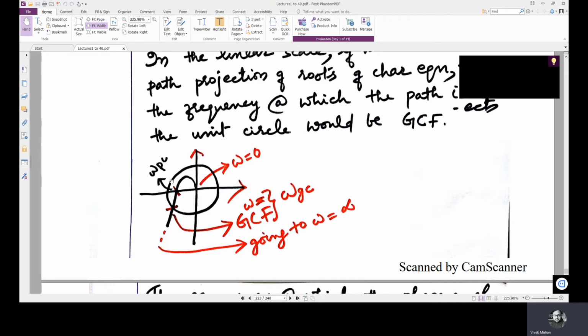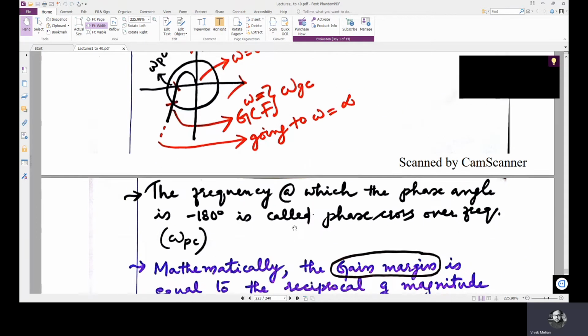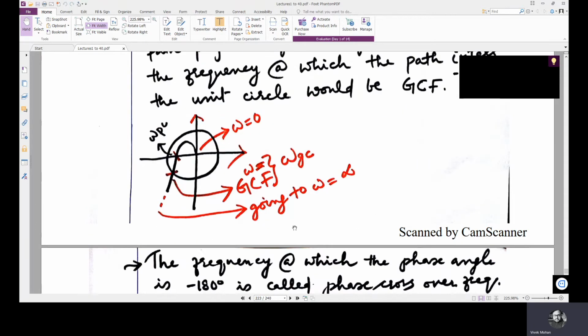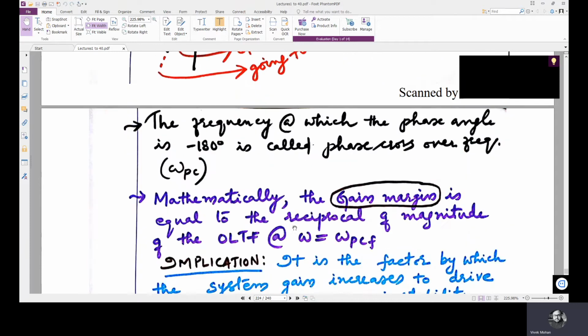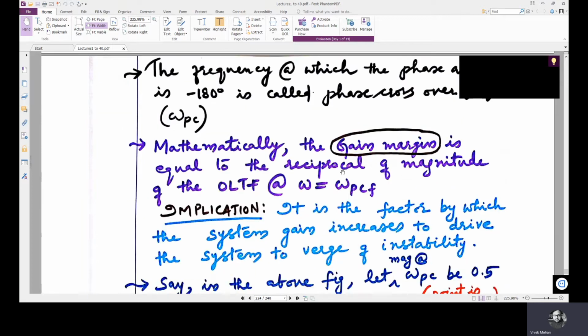Similarly, at this point, the angle is minus 180 degrees, so the corresponding frequency is known as the phase crossover frequency. Now we will see the conditions for stability based on phase crossover frequency, gain margin, and phase margin. The frequency at which the phase angle is minus 180 degrees is called the phase crossover frequency.